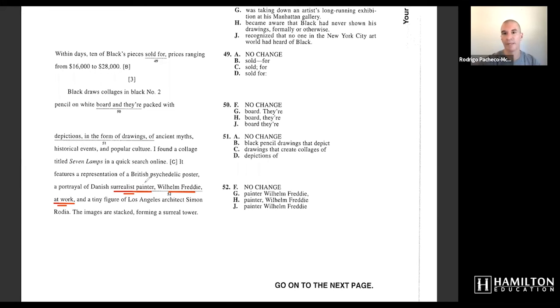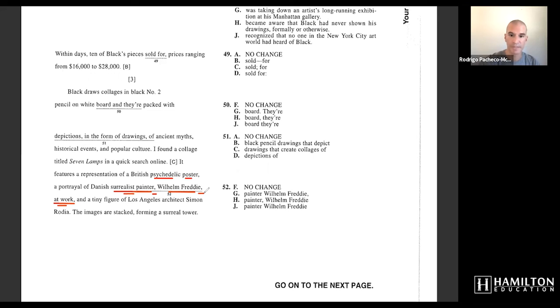We know that if we place an adjective before a noun, we don't place a comma in between, right? So thinking of these elements in those terms, we could see why this comma here would be incorrect. We wouldn't place a comma between an adjective and a noun, very much like we see here. Right, so poster is a noun, psychedelic is an adjective. So this comma would be incorrect.